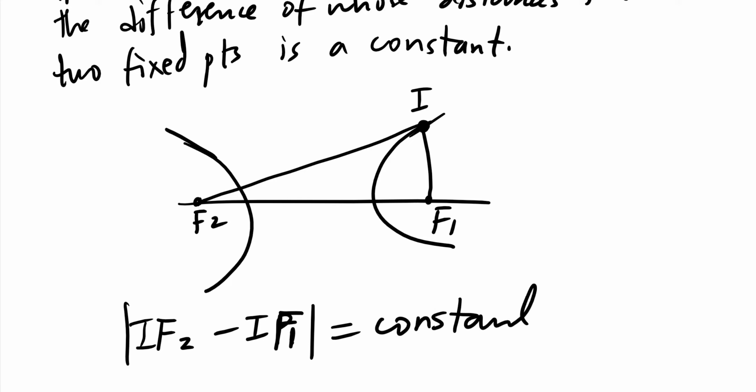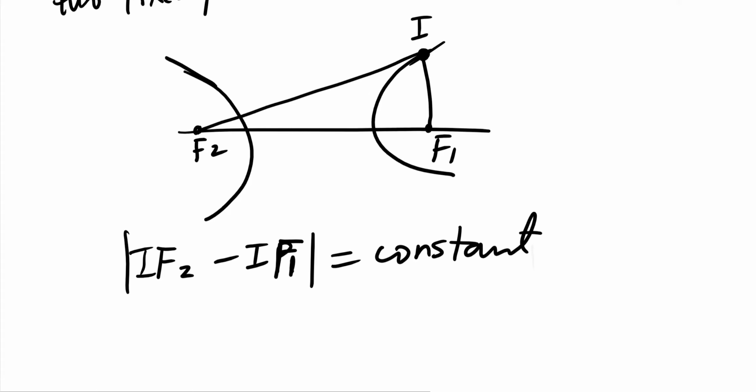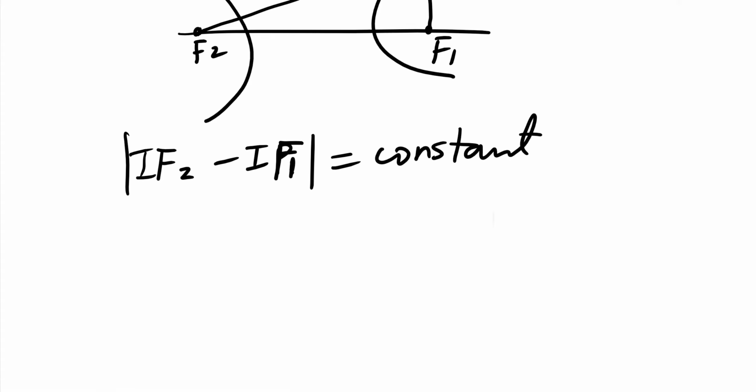That's the definition of hyperbola. So if you pick any point anywhere and find the difference of these two distances, it's always going to give you the same difference. And why does that help us? Because from this definition, we can find the equation of the hyperbola, which I'm going to list later on.